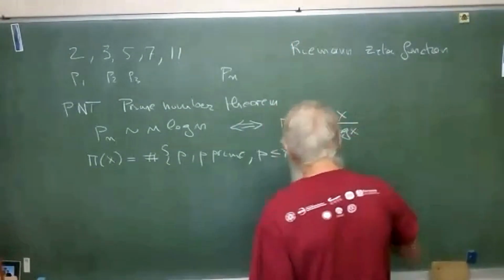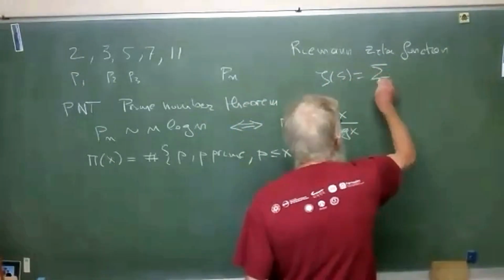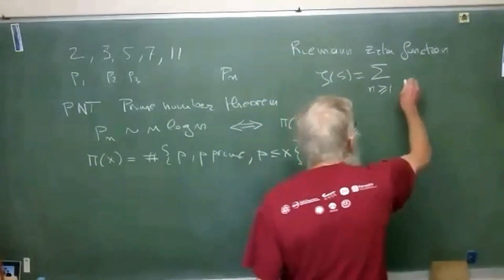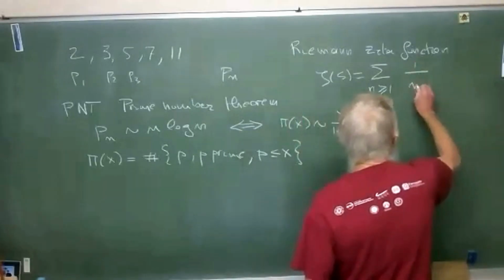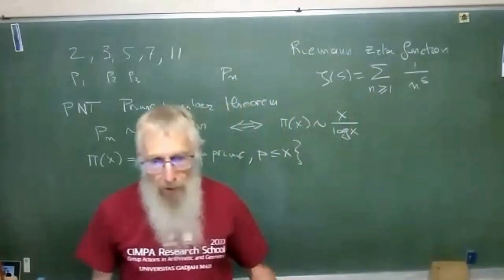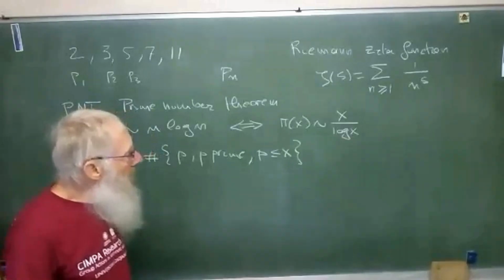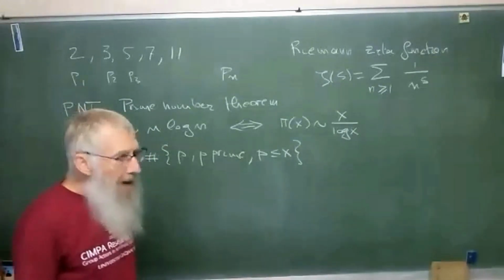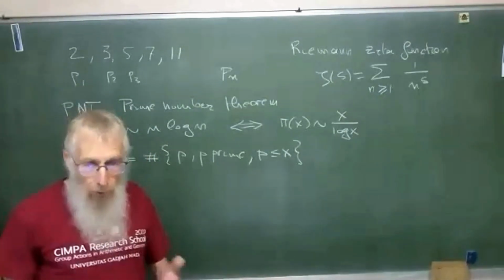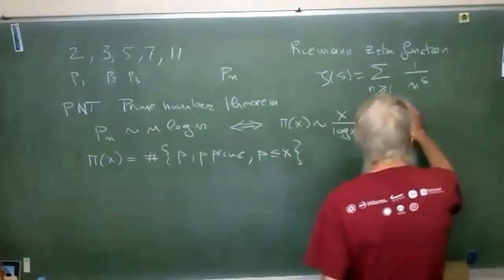So this Riemann zeta function is defined as a sum for n greater than or equal to 1 of 1 over n to the s. So n runs over the set of positive integers greater than or equal to 1. And what is s? When Euler introduced this function, s was a real number.